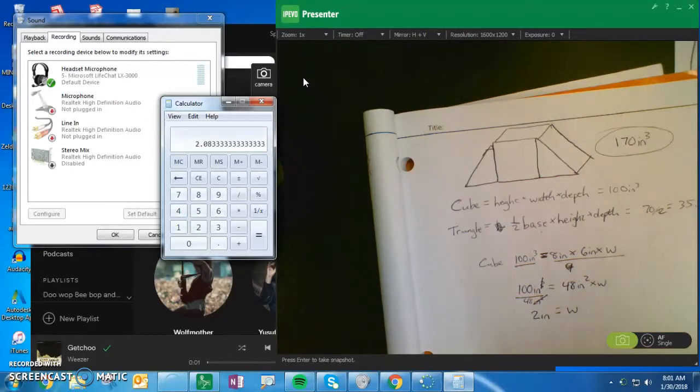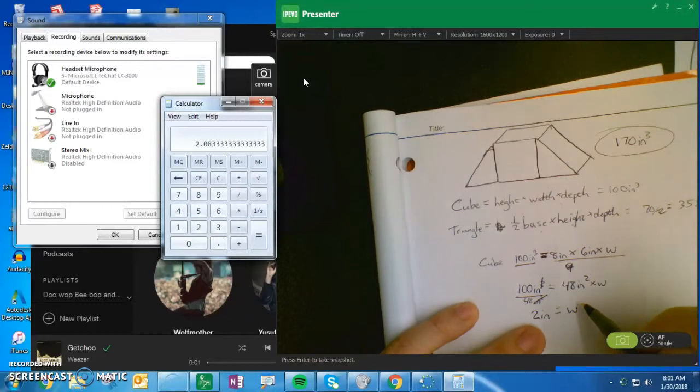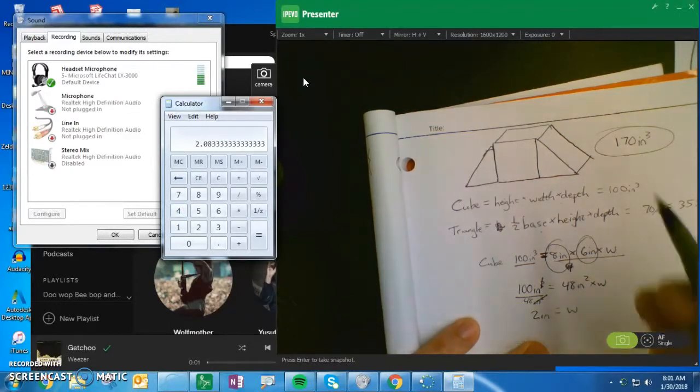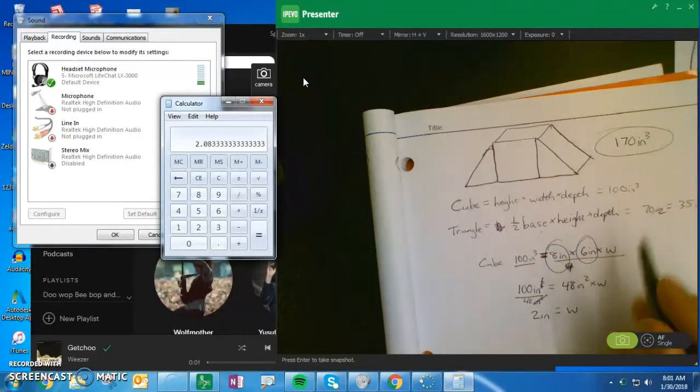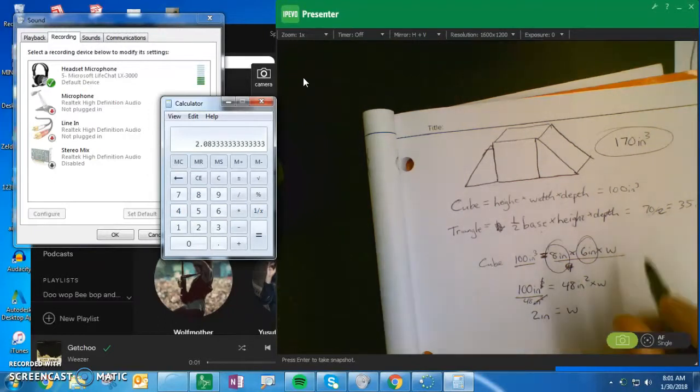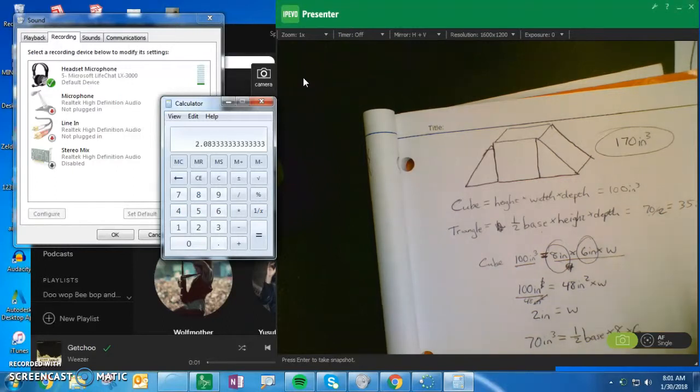So now, we are going to use the dimensions that we had before. We have 8 inches of height and 6 inches of width, depth. Same is going to be true for the triangle. Now I'm going to make both my triangles in this one calculation. So, my triangles need to be 70 inches cubed. That equals half the base, which we are trying to determine, times the height of 8, times the depth of 6.